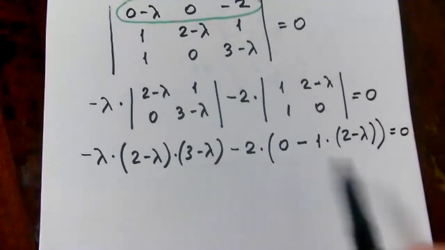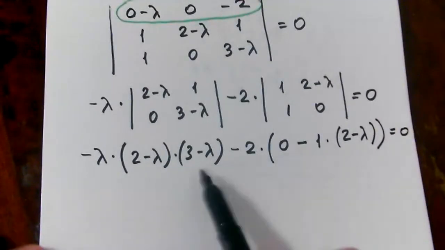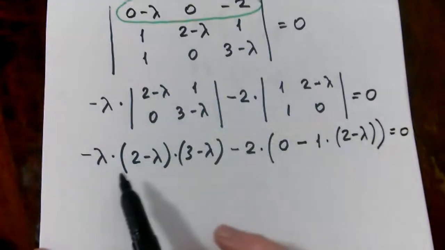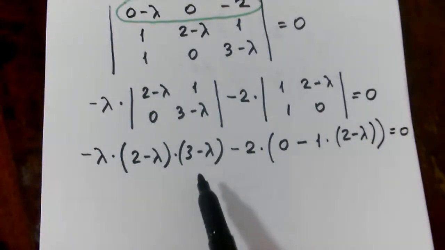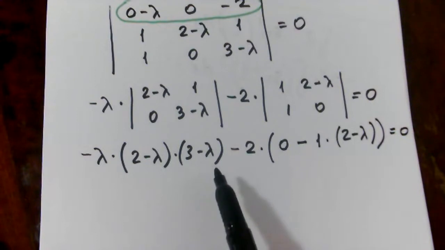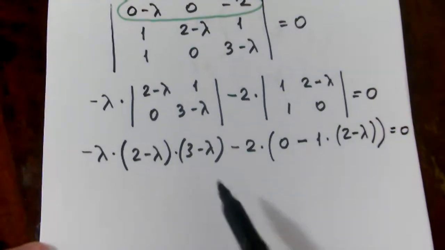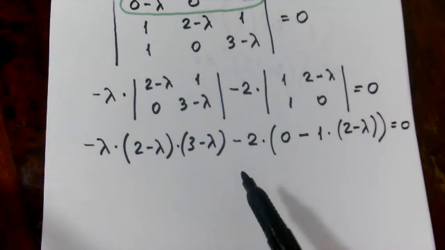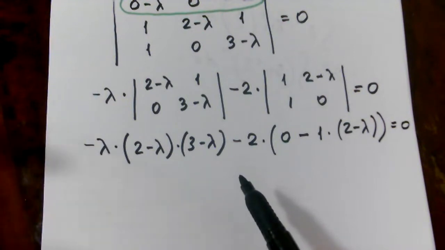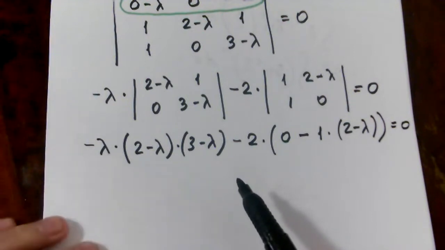So now it looks like quite a conventional equation without any determinants, without any matrix, just a pure equation. But you know what? The bad news is that it's a cubic equation. And cubic equations are quite a hassle to deal with, to be honest. Maybe you vaguely remember the method from high school, that you're supposed to guess one of the roots and then do the division.